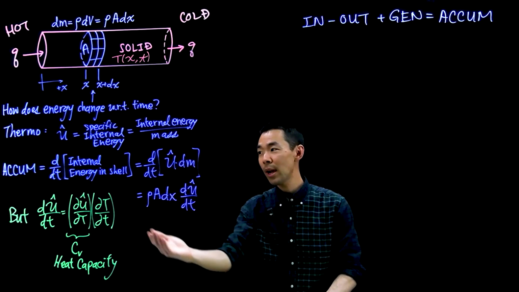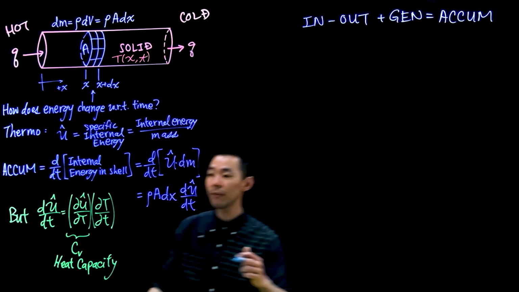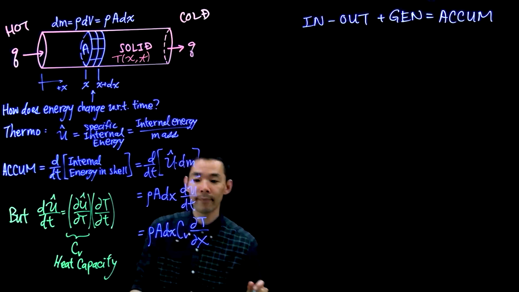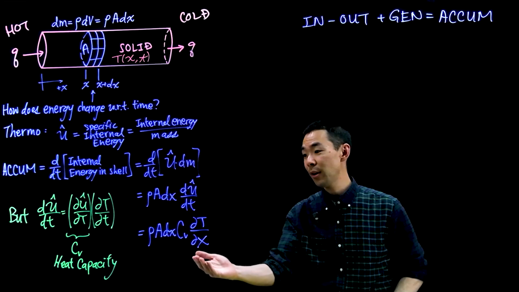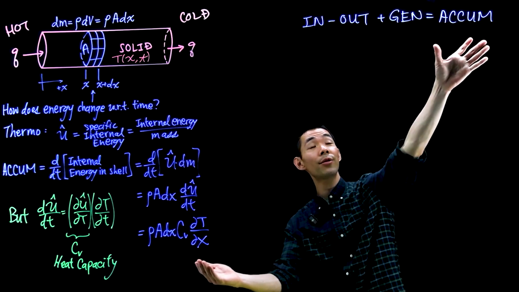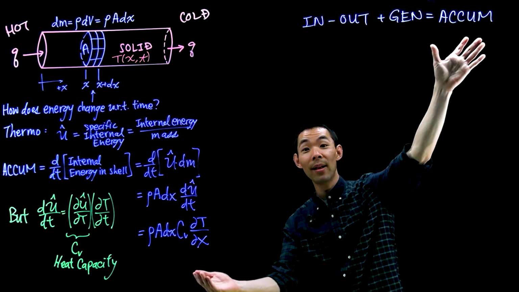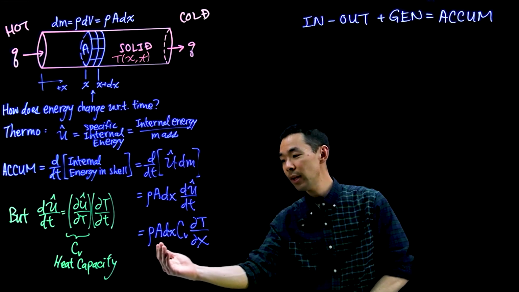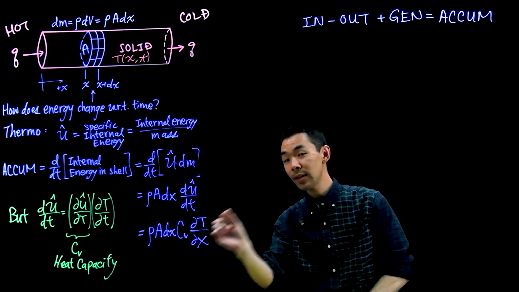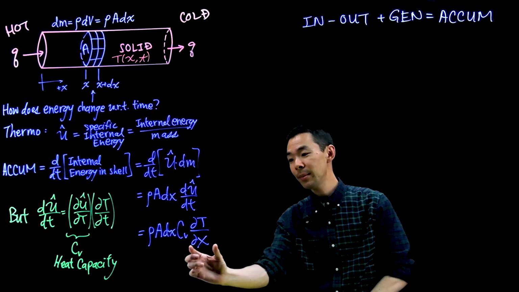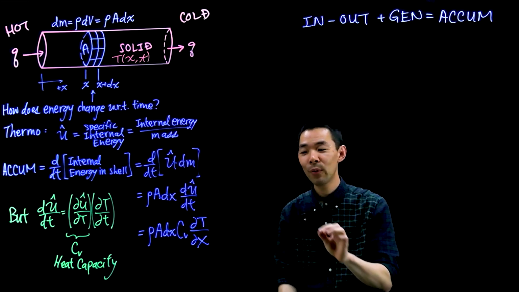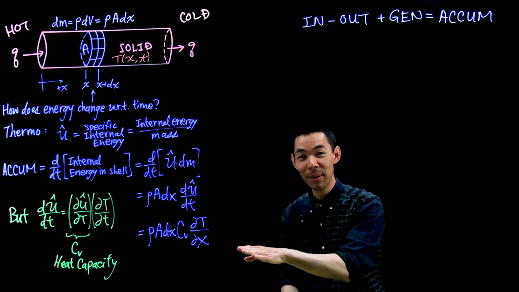So now rewriting the accumulation term, what we get is this expression down here. So the accumulation term on the right-hand side of the balance is simply equal to the density of the material, the cross-sectional area, the thickness of the shell, dx, the heat capacity, times the temperature derivative with respect to time, not position. I made a typo here.